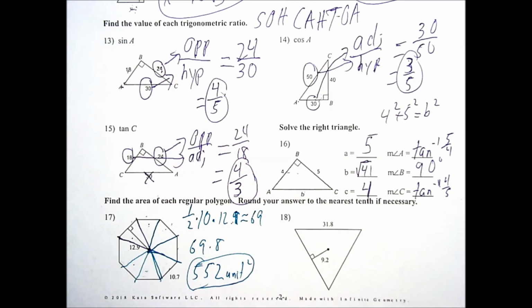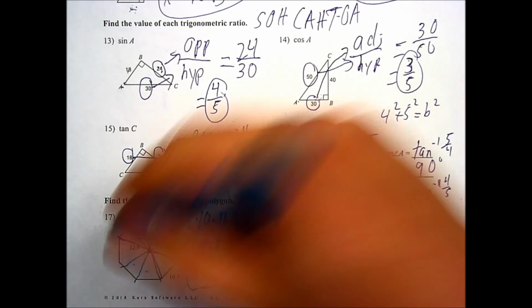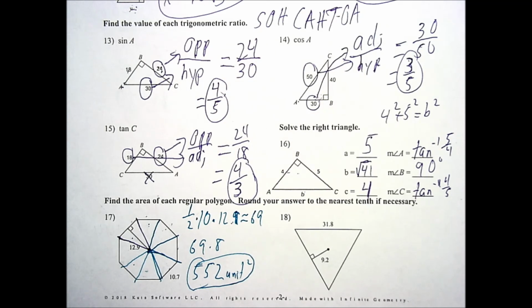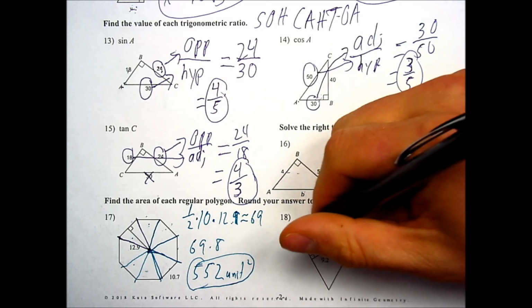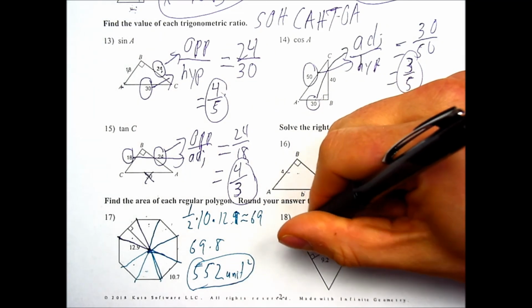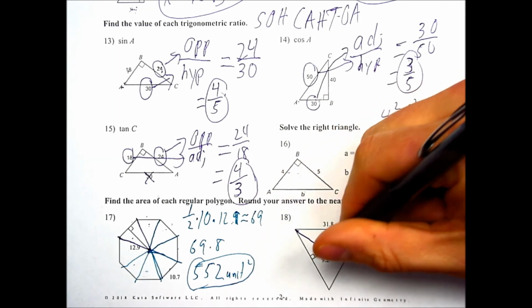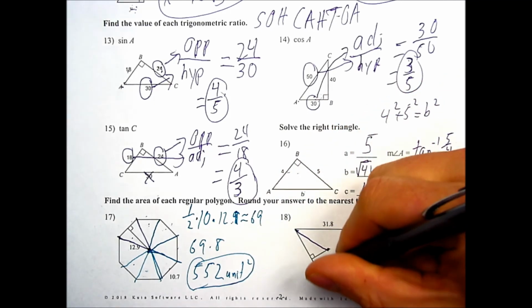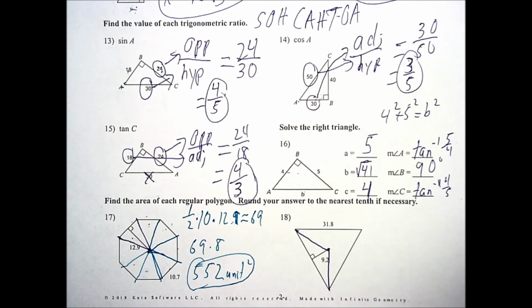All right, next one. I don't have the height labeled here. I have the apothem labeled, 9.2 apothem. So that is an issue. But we're going to approach it the same way we approached the last one. So I do have isosceles triangles here. So here's the first one, and then the second and third one are the same size.